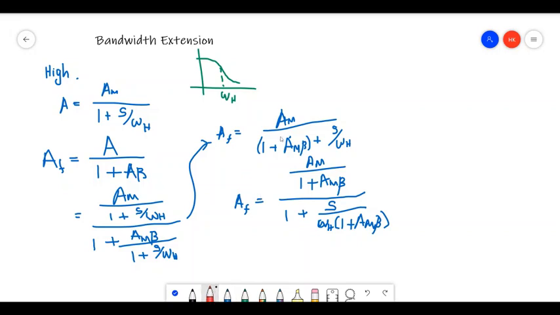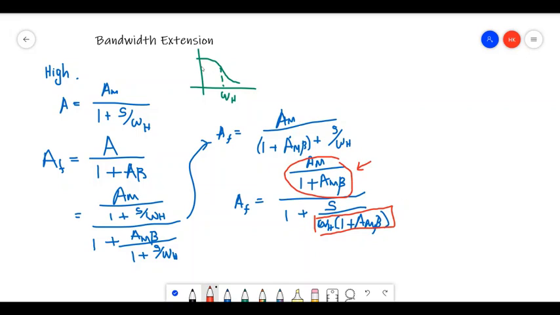You can see that in this new gain transfer function there are two changes. First of all, the mid-band gain is reduced by a factor of 1 plus Am beta compared to the previous one. And also, this part we can consider as the 3 decibel upper cutoff frequency. You can see that it is multiplied by this factor, so that means this upper cutoff frequency is increased.